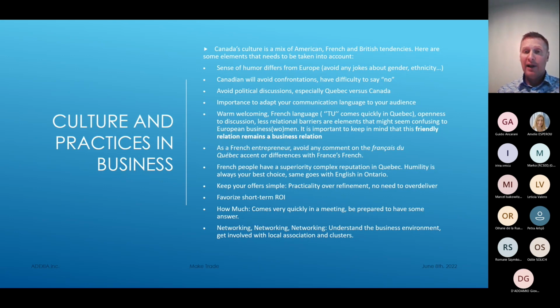And finally, I just want to go back to that very, very important point. As I often say, there are 3 things you have to remember when you do business in Canada. It's networking, networking, and networking. So as you deploy in the country, you really need to understand very well your business environment. You need to get involved in associations, in clusters.